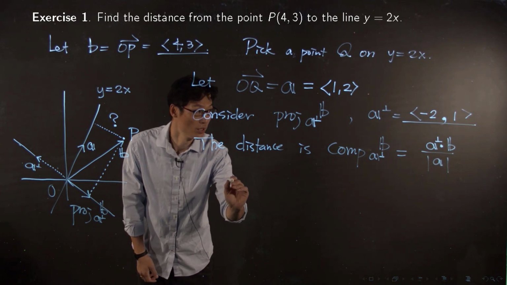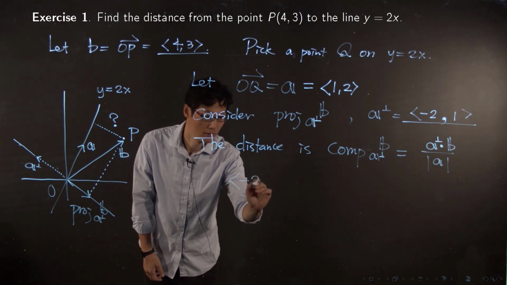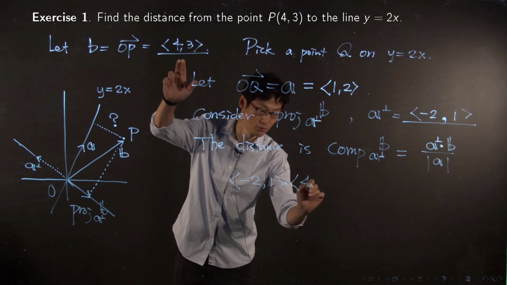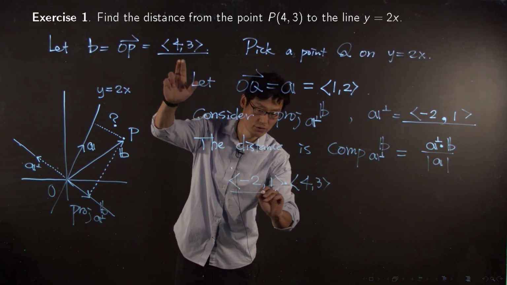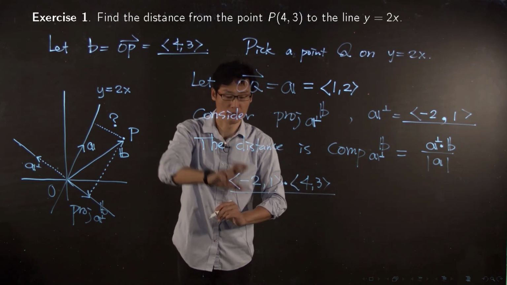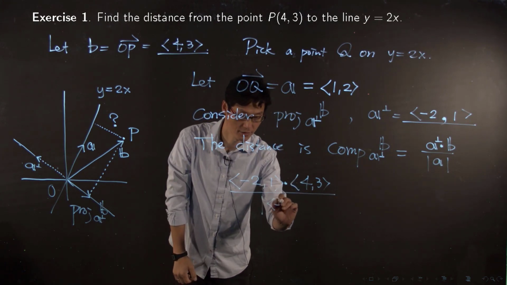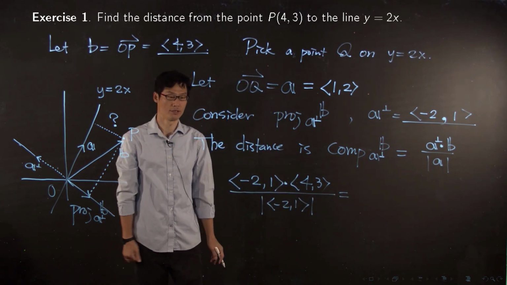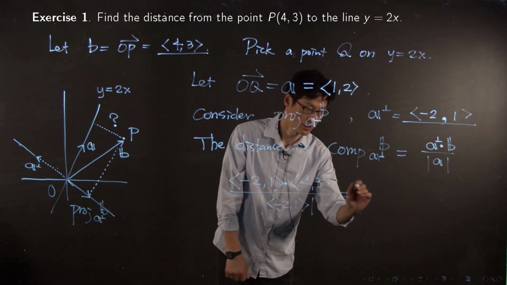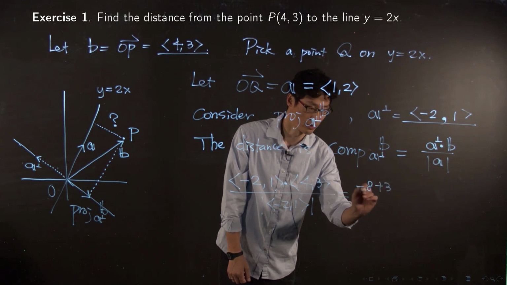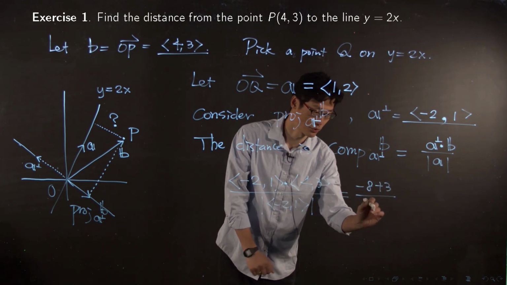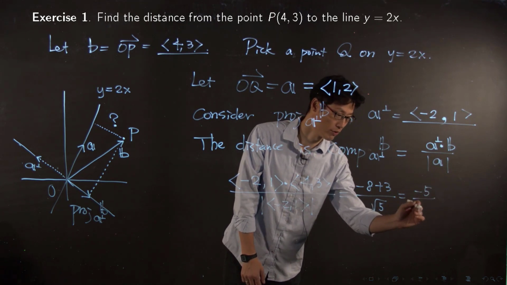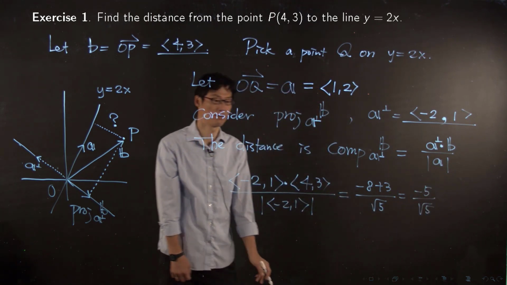All right, so A perp dot product (4, 3) over the magnitude of this guy. The dot product is -8 plus 3, and the magnitude is square root 5. And so -5 over square root 5.